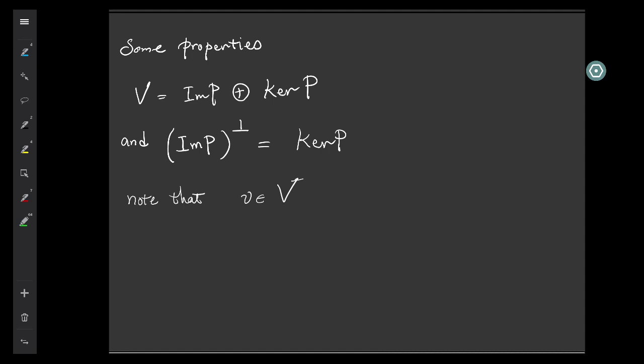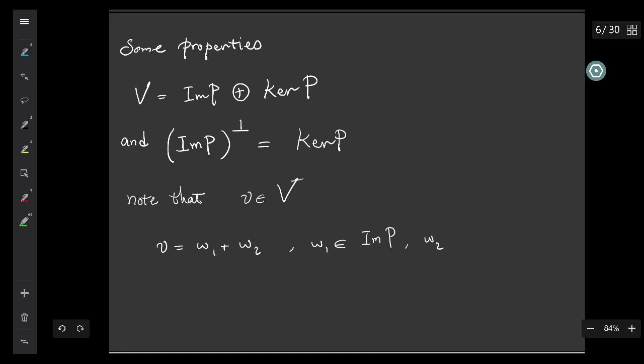So that implies one very important property of orthogonal projections. For example, if we have v in V, we can write v as W1 plus W2, where W1 is in the image of P, and W2 is in the kernel of P.